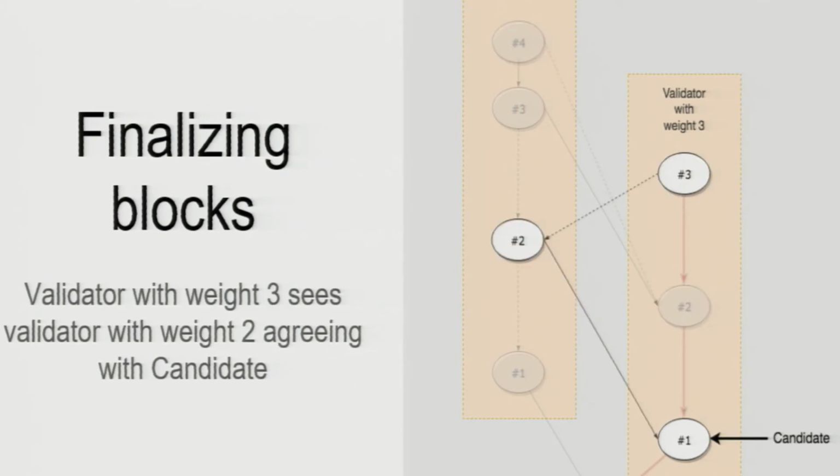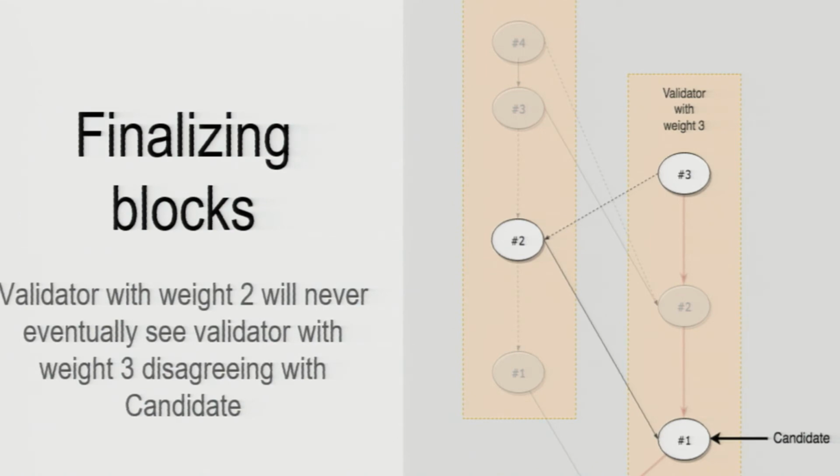And so we can repeat this process in reverse, so to speak, where the right validator looks at the left validator's latest block from its perspective, right? And then it sees whether the candidate is in the history of that block. And again, it is. And so those are the first 2 dual properties.